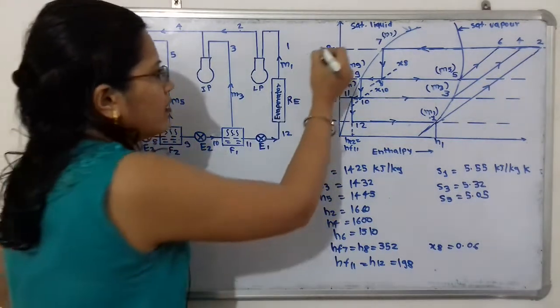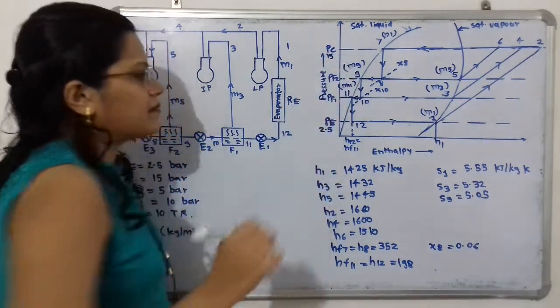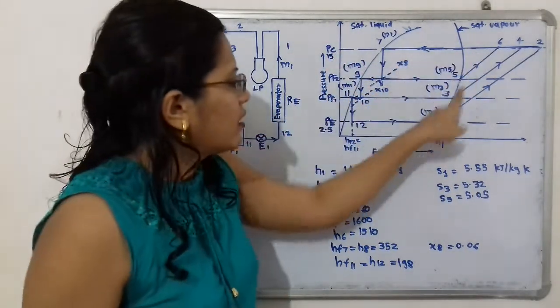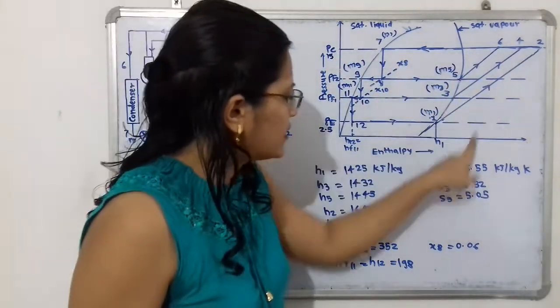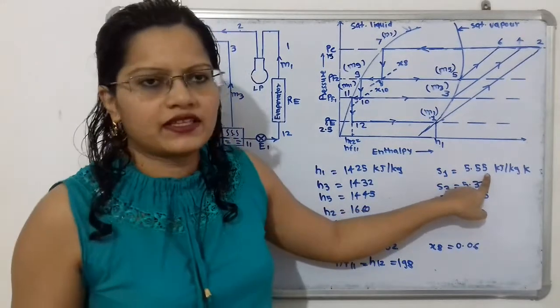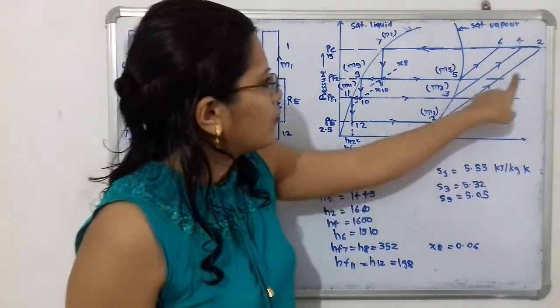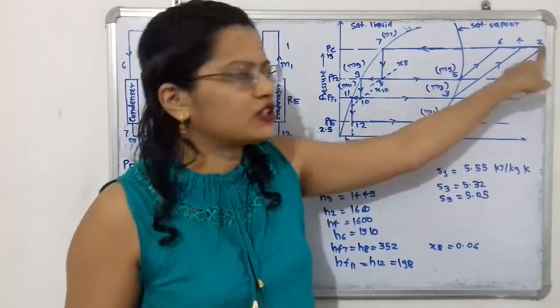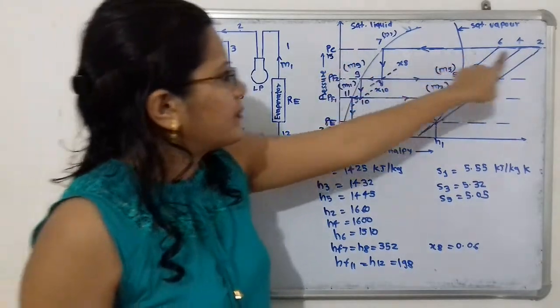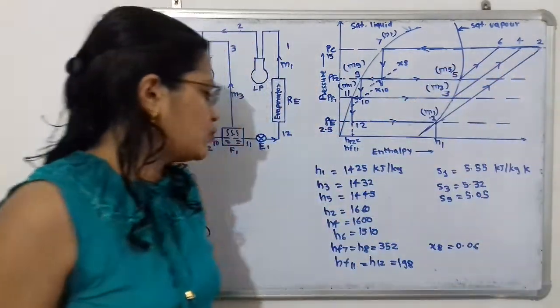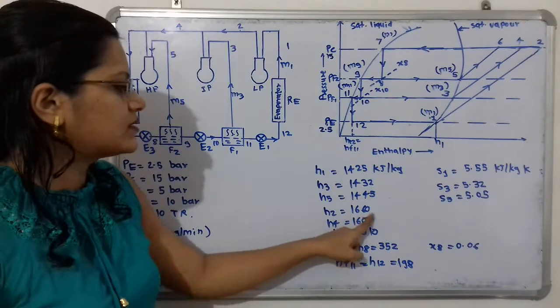We select the 15 bar pressure line, and along the constant entropy line of 5.55 we select the point of intersection at 15 bar. So here is point 2, and H2 is 1660.